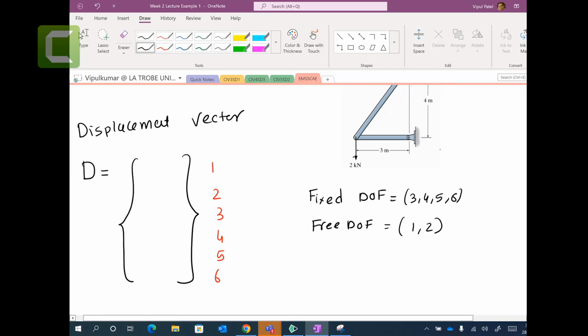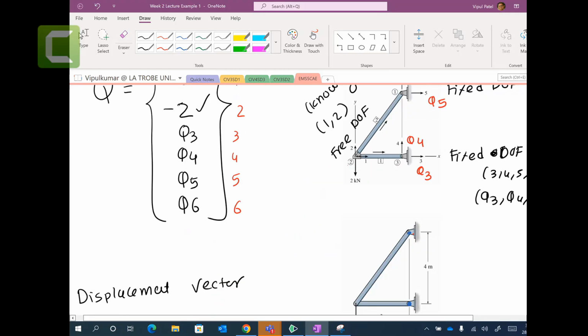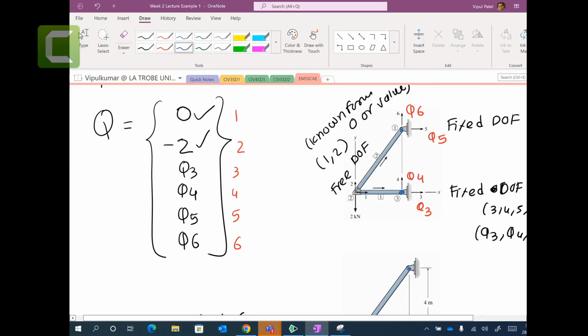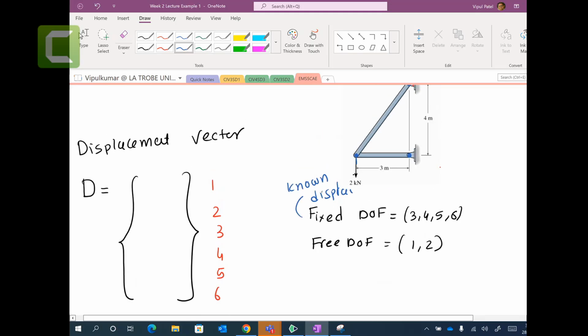So here, this is opposite. These are your known displacements. Why? Because you can see these points are fixed. Fixed meaning they will not be moving left, right, or up and down. So they will be zero displacements here. So all these 3, 4, 5, 6 are 0. And this one is free, unknown, because this point can displace in this direction and this direction.